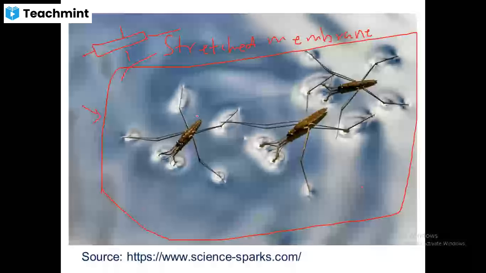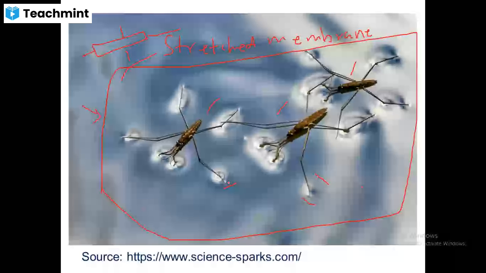So once you see it's a stretched membrane, when they walk on it, because of their light weight and because of the position of their legs, they are not in a position to pierce into this water.